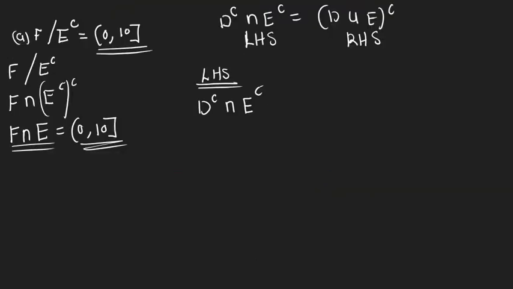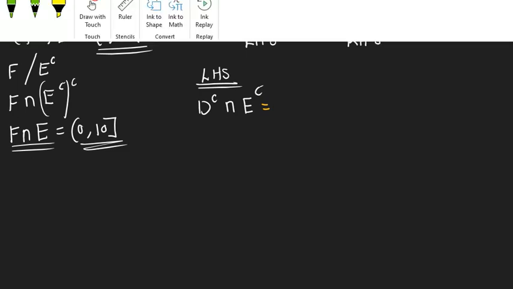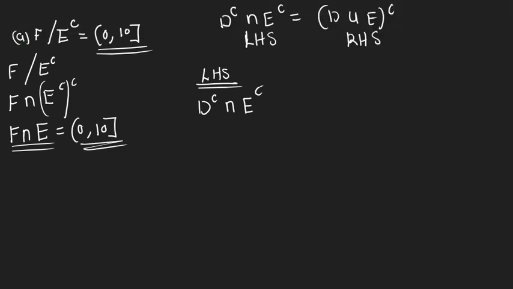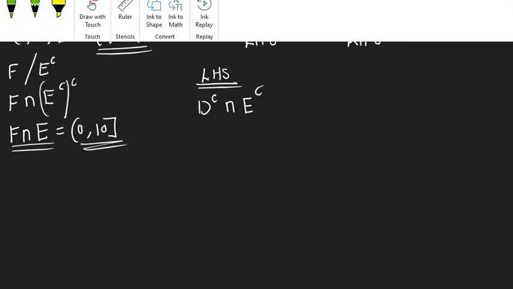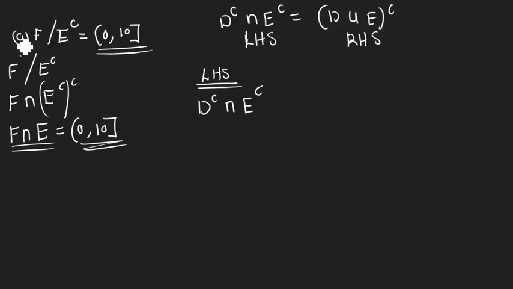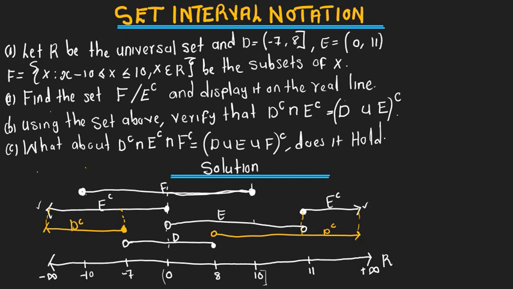So these guys, if we solve them, it's going to be a set which is going to come all the way from negative infinity to negative 7.